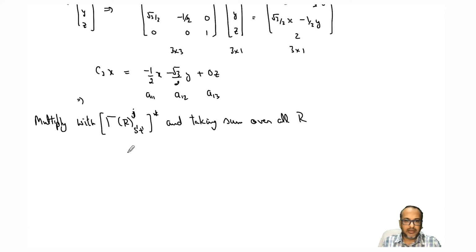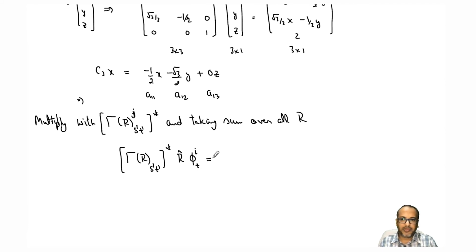So I get tau r s prime t prime star, and I had operator r phi t i, and I also take summation over r for this, right? Because I say that taking sum over all r. So I also do summation over all r here.